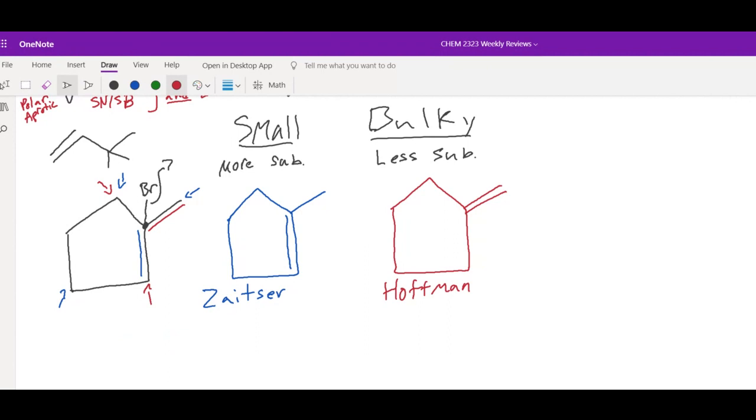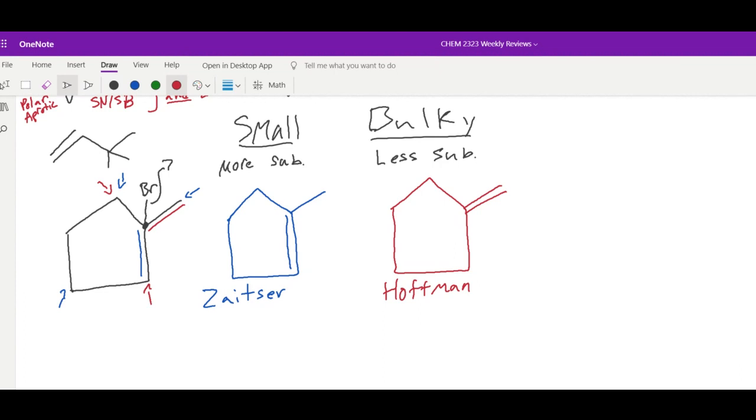So a very bulky compound is going to have an easier time deprotonating this proton right here rather than these more heavily electron-clouded positions. So really it all has to do with sterics, which is dealing with stereochemistry. Make sure you always keep that in mind, and that will really help you understand.